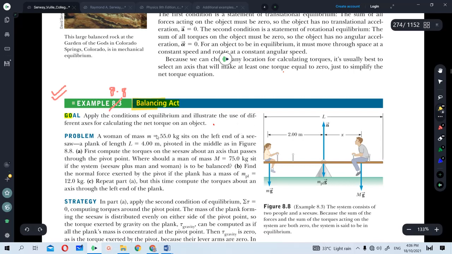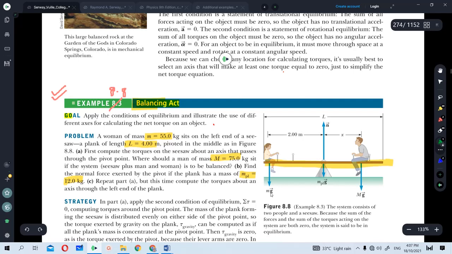Number 1, let's take note of the given data. The mass of the woman is 55. The whole length of the plank is 4. The mass of the man here is 75. And the mass of the plank is 12 kilograms. Now let us substitute the numbers into this figure.